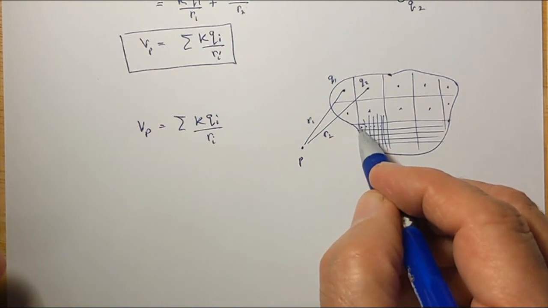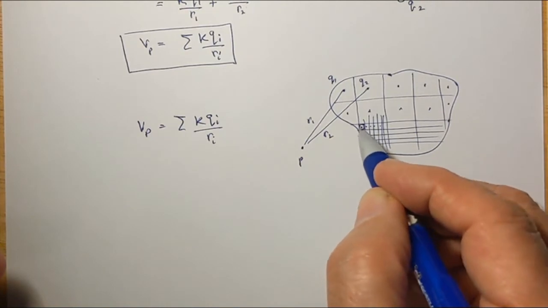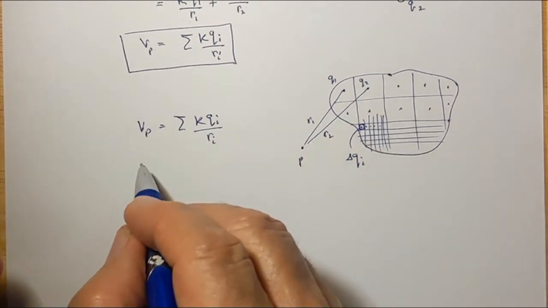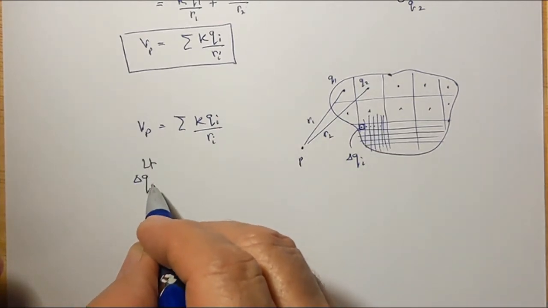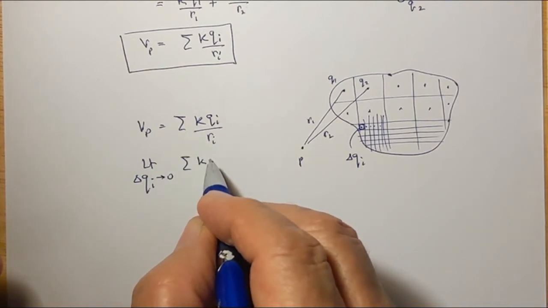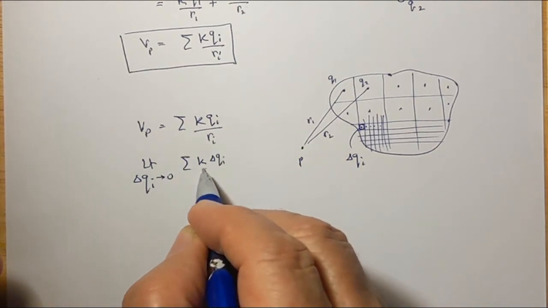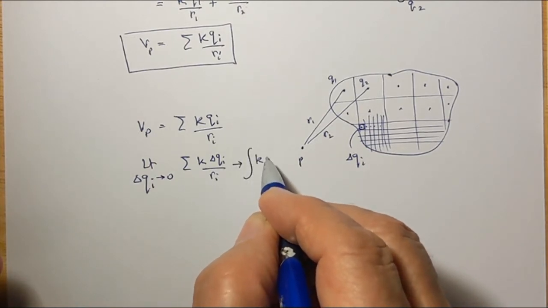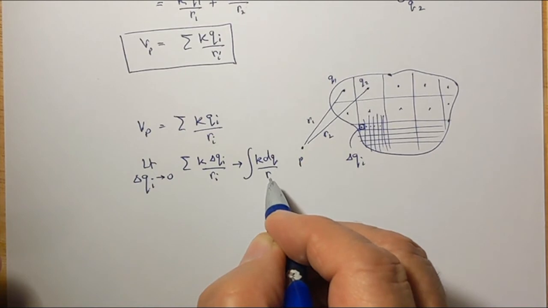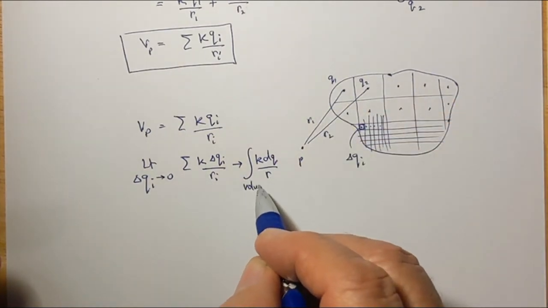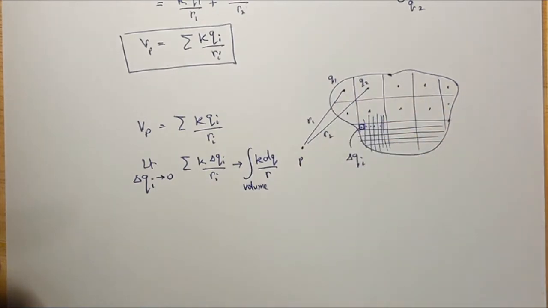If the charge in this little volume is delta Q in the ith volume, then in the limit when delta Q tends to 0, the summation of K delta Q over Ri will become the integral of K dq over R. And we do the integration over the entire volume of that cloud.